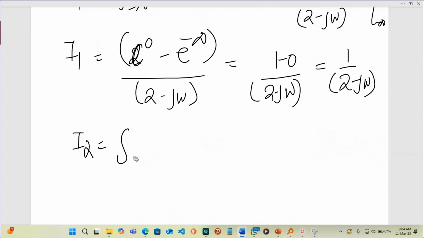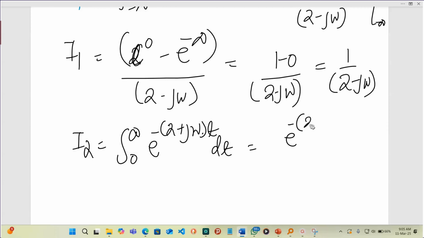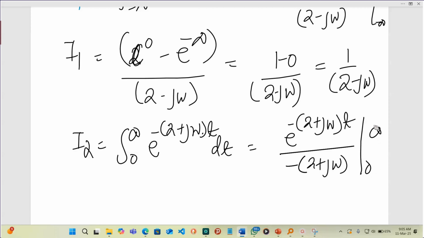Let's look at I2. Now, I2 is equal to integrating from 0 to infinity of exponential of negative (2 plus j omega) t with respect to t. And this is going to be exponential negative (2 plus j omega) t divided by negative (2 plus j omega), from 0 to infinity.